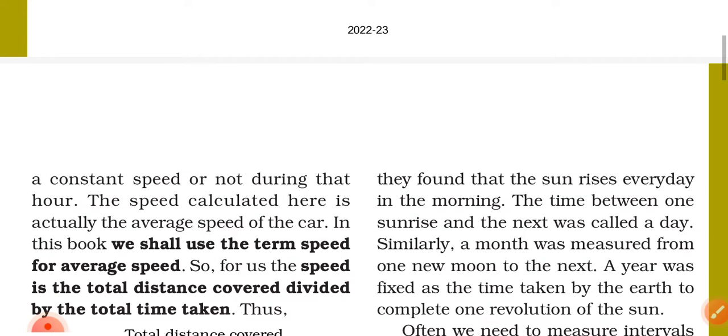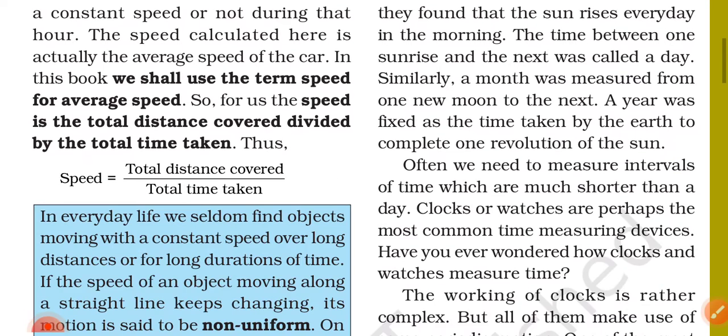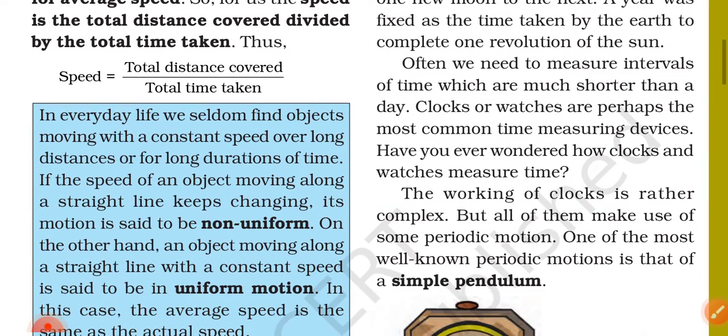The speed calculated here is actually the average speed of the car. In this book, we shall use the term speed for average speed. So, for us, speed is the total distance covered divided by the total time taken. Thus, speed equals total distance covered divided by total time taken.